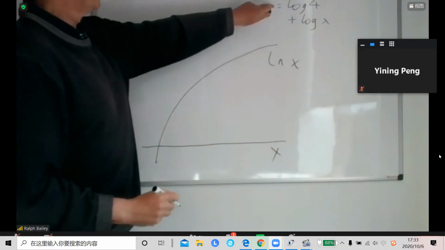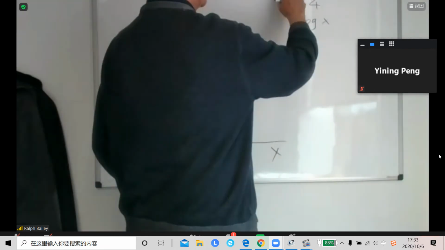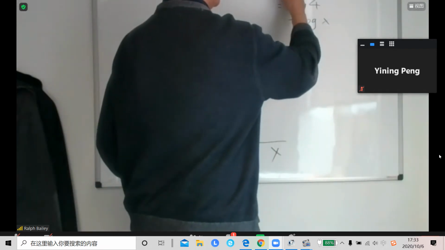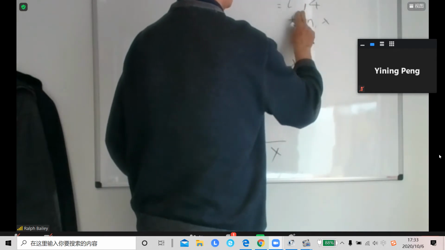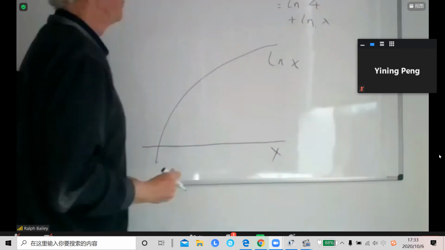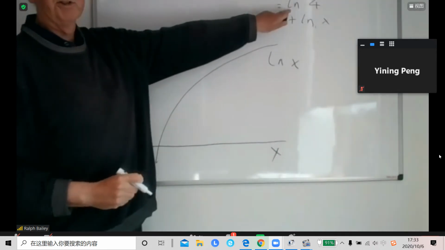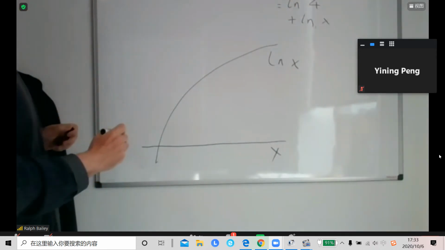So that means I should be writing ln, shouldn't I, this year? I've written log in the past. So log 4 is just a constant, that's 1.4 we decided.